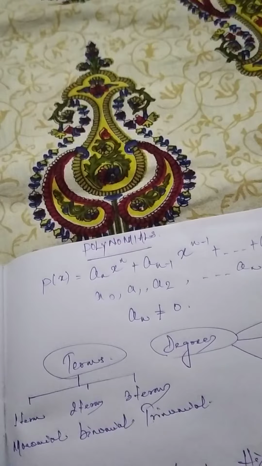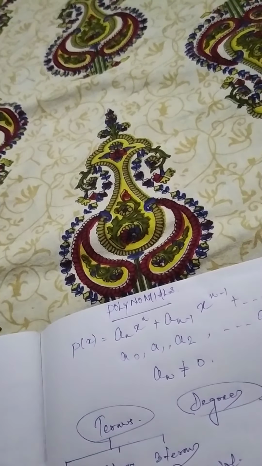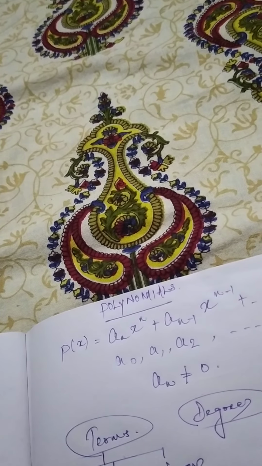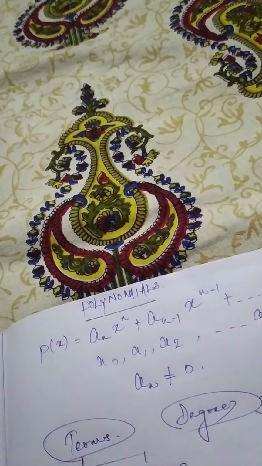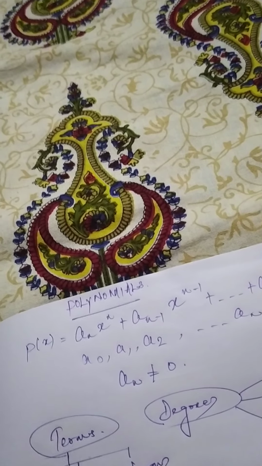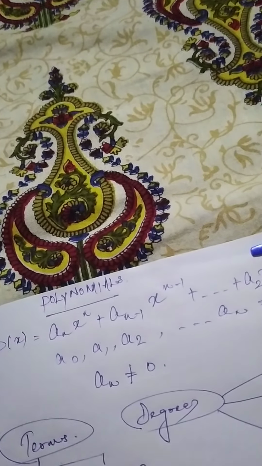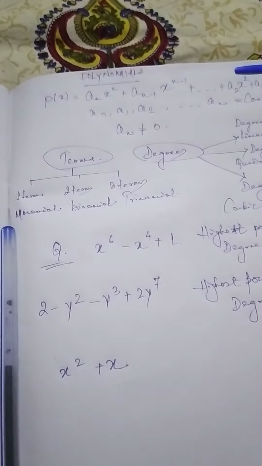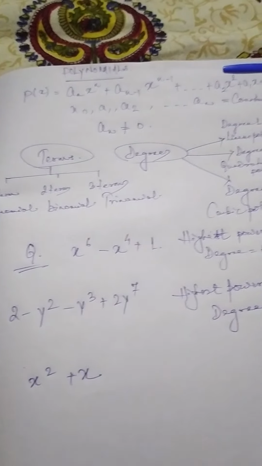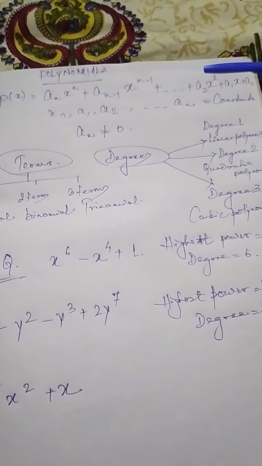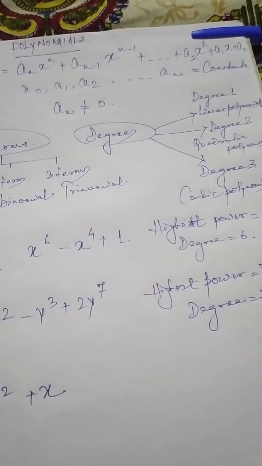What do you say about this polynomial, whether it is linear, quadratic or cubic? Here how many terms are present? x square is a term and x is a term. So here 2 terms are present. And since the highest power is 2, we can say it is a quadratic polynomial. No doubt, it's a quadratic polynomial.